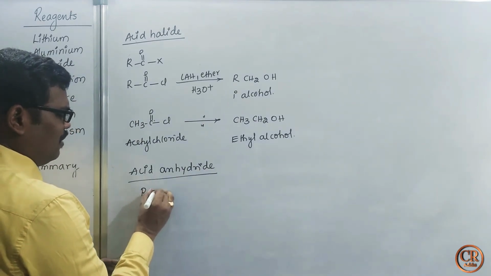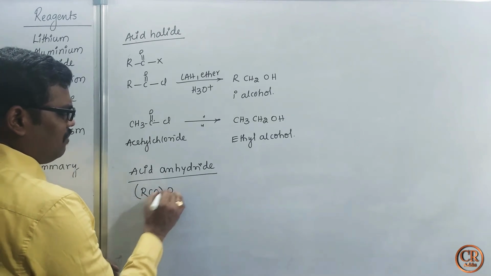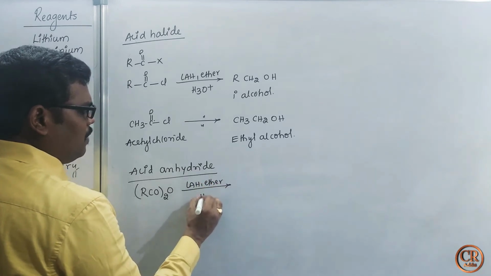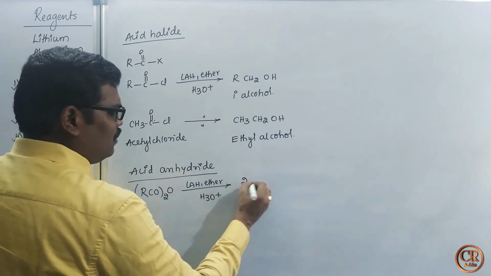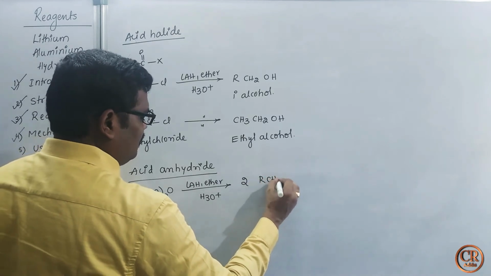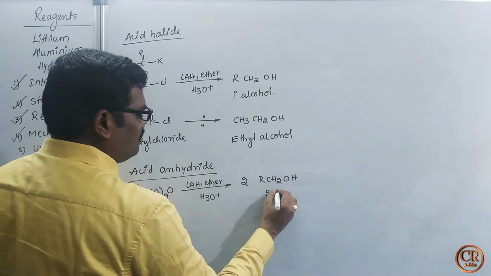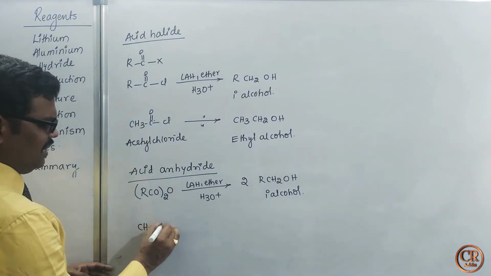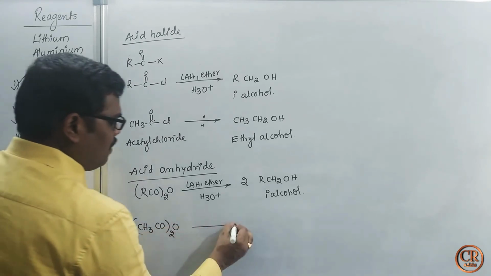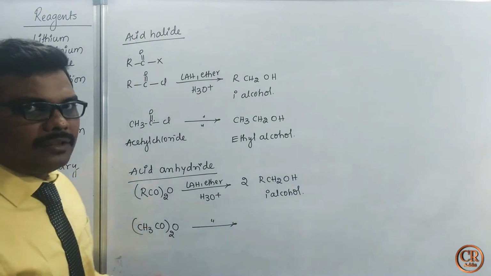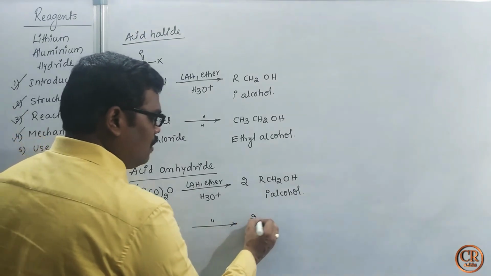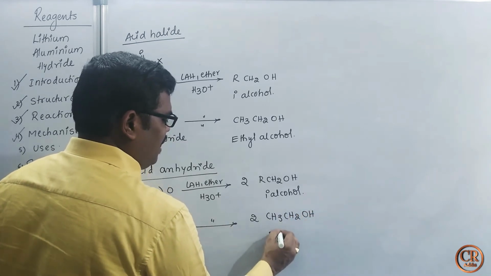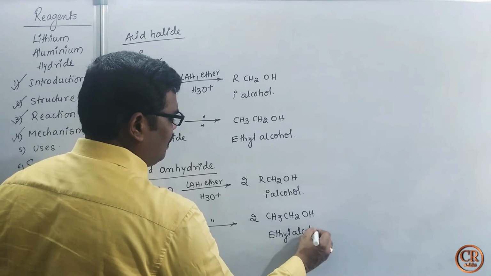Let us take general formula of this, that is RCO taken twice O. When it reacts with lithium aluminum hydride in ether followed by acid hydrolysis, it gives 2 moles of alcohol. This alcohol is also a primary alcohol. Let us take one example. CH3CO taken twice O gives 2 moles of CH3CH2OH. Name of this is ethyl alcohol.